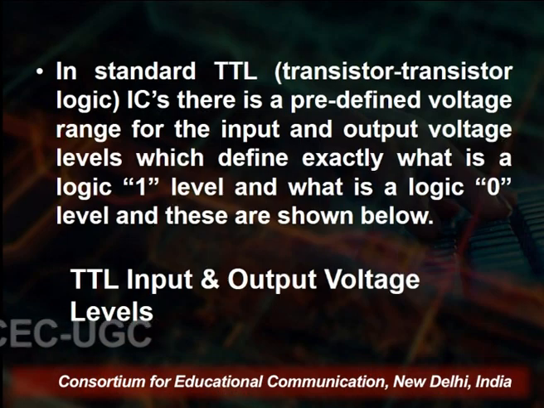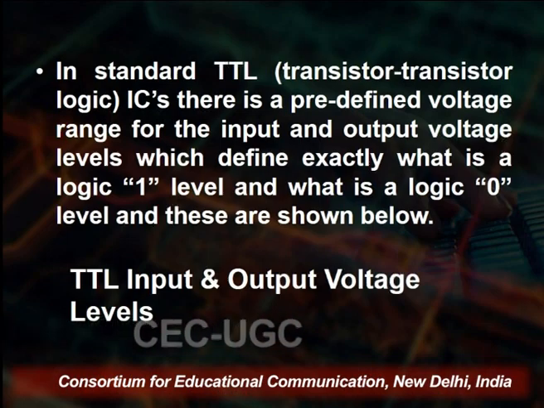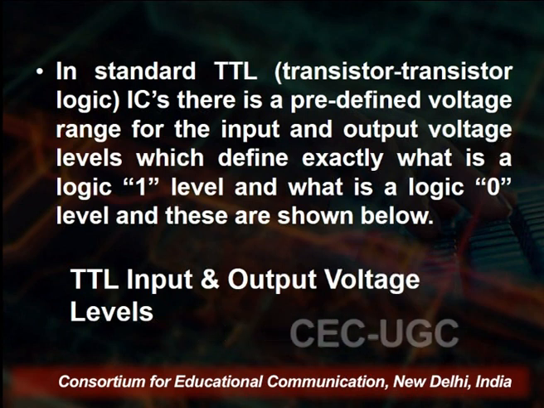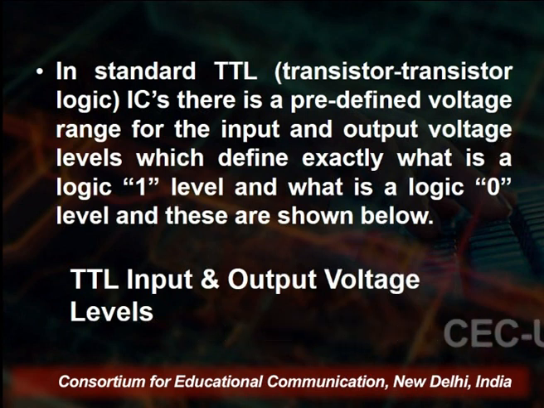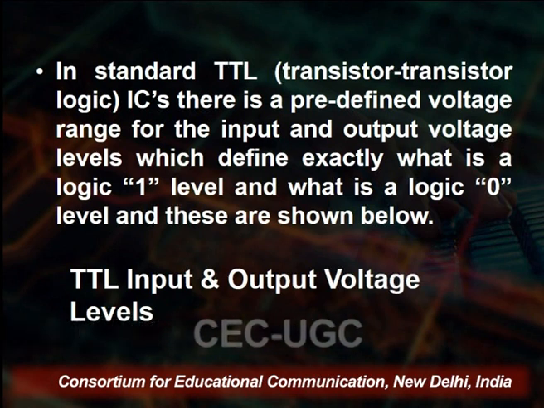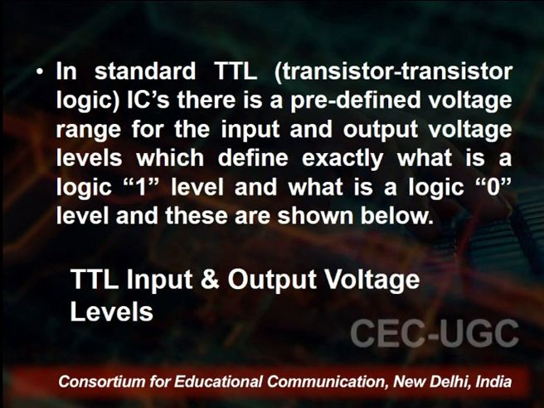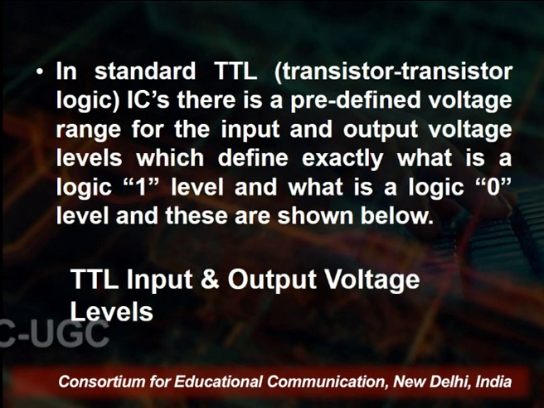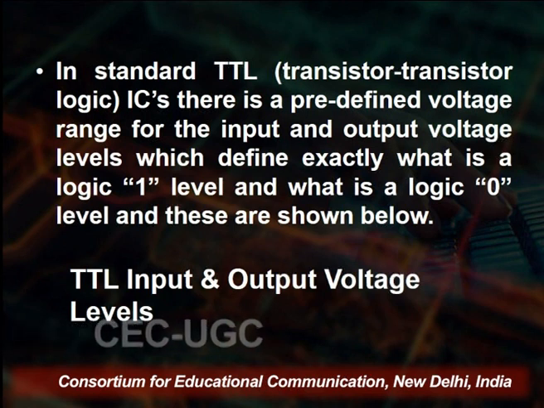So this is in the standard transistor-transistor logic IC. There is a predefined voltage range for the input and output voltage levels, which define exactly what is the logic 0 level and what is the logic 1 level, and these are shown below.